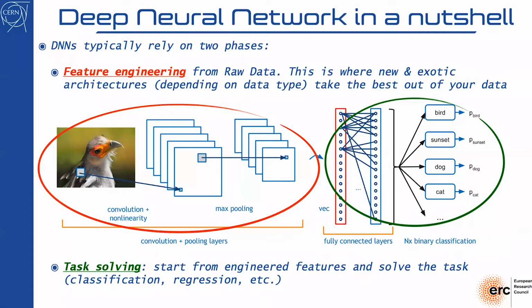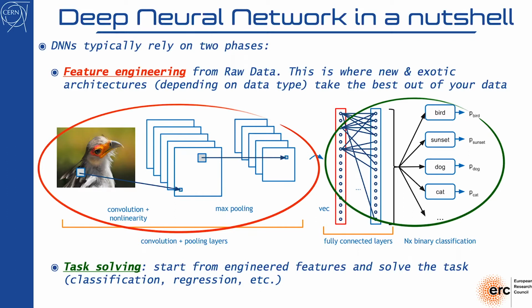Just a reminder, we said so far, and this is true in general, that a typical deep learning architecture, because it scales better with input dimensionality, gives its best when processing raw data. And a typical network would then be structured into 2 steps.